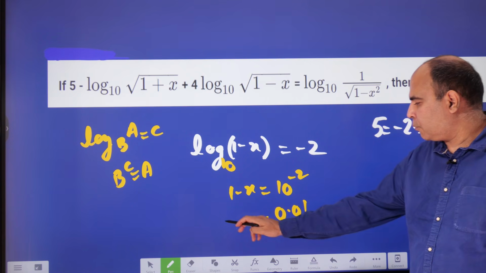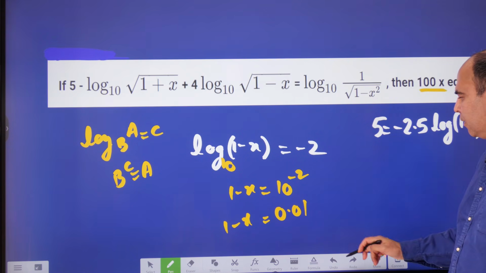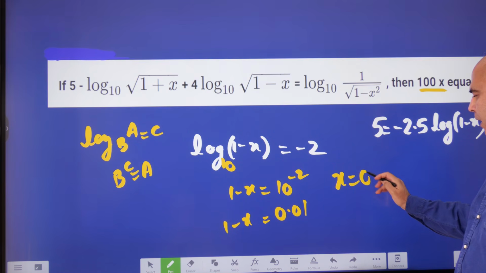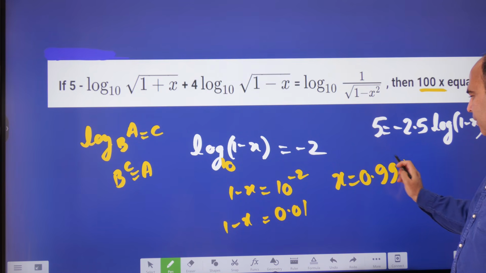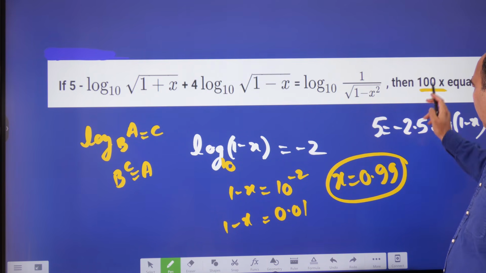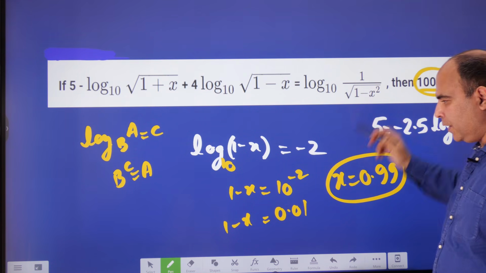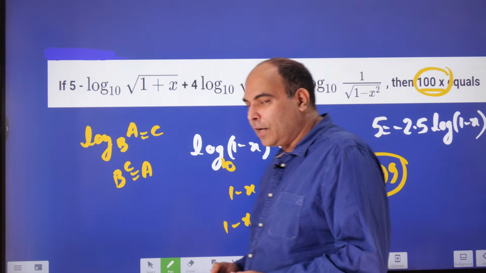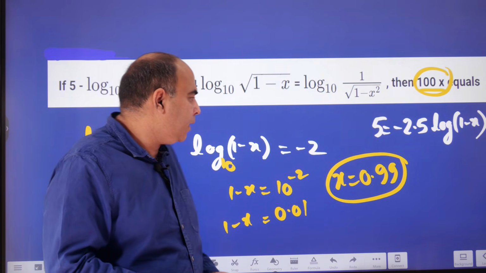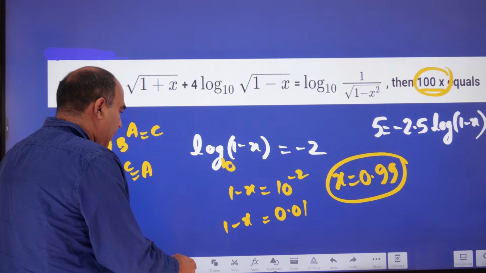So 1 minus x is 0.01, which gives me a value of x as 0.99. And once I get x as 0.99, the question is asking me 100x very conveniently. So if the value of x is 0.99, 100 times x is going to be 99. And that's the answer to this question.